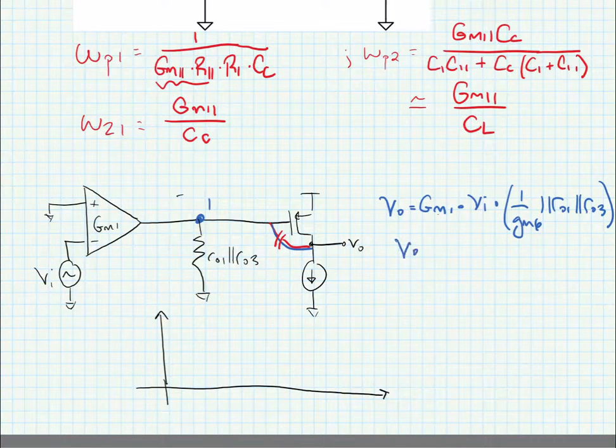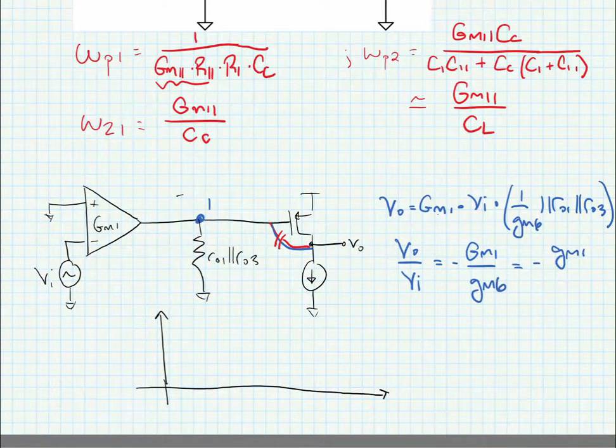We can write that our voltage gain in the midband is approximately equal to big GM1 over GM6, assuming that 1 over GM6 is a much smaller impedance than both RO1 and RO3. This is in turn equal to minus little GM1 over little GM6.